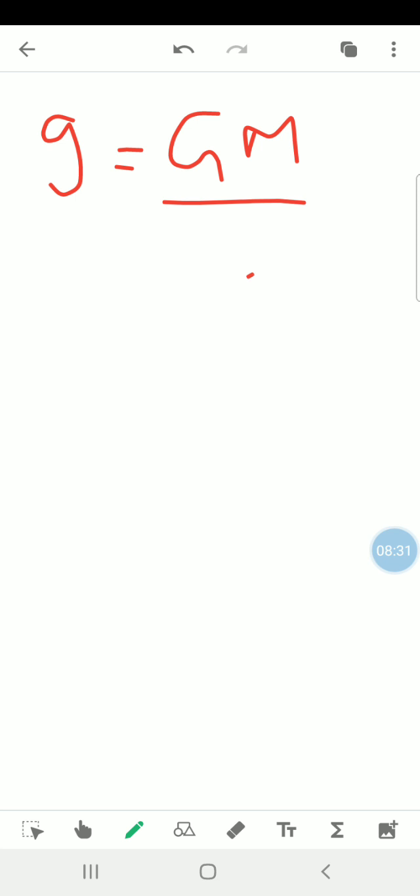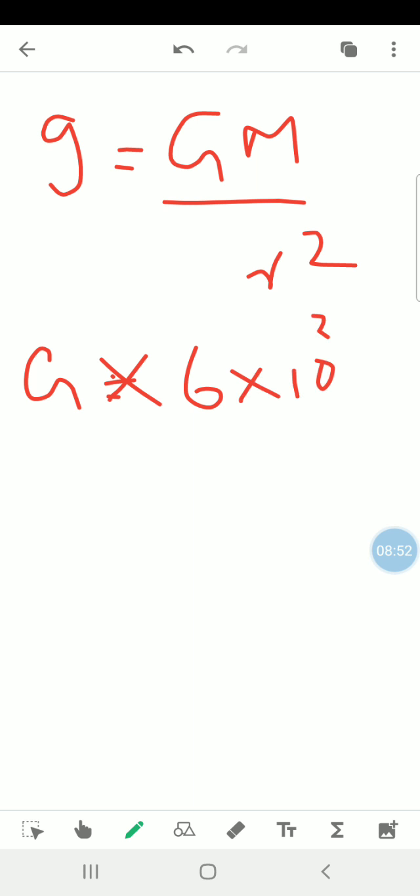Right, so part A, the equation is g equals GM upon r squared. Capital G I will leave as it is, multiplied by M, which is 6 into 10 to the power 24, because that is what causes the field. It is not the moon we are talking about.